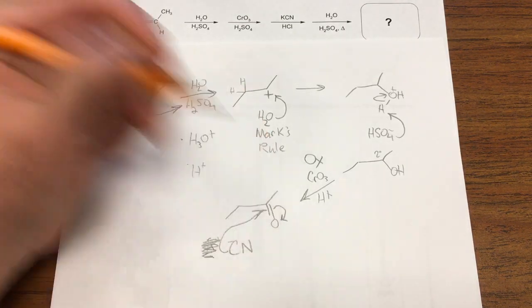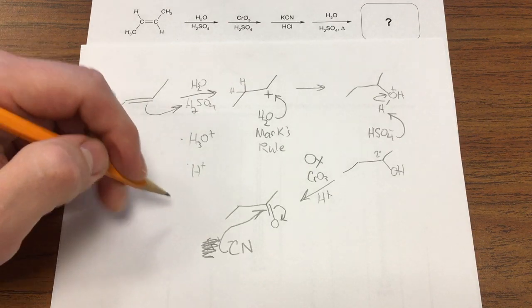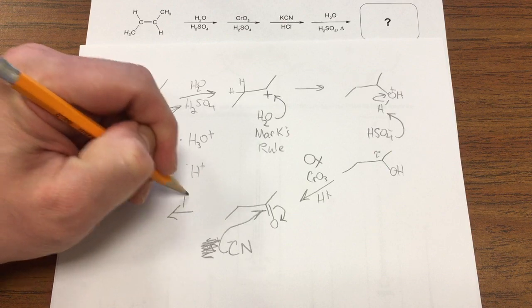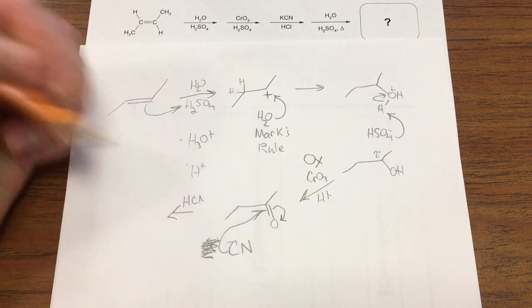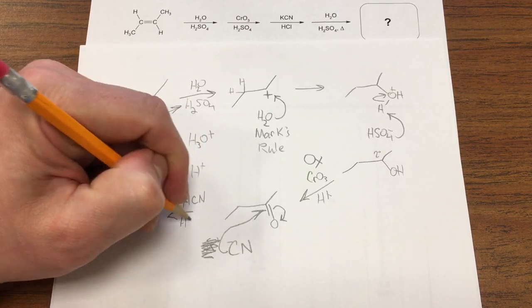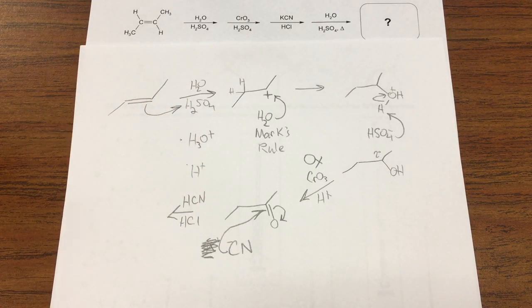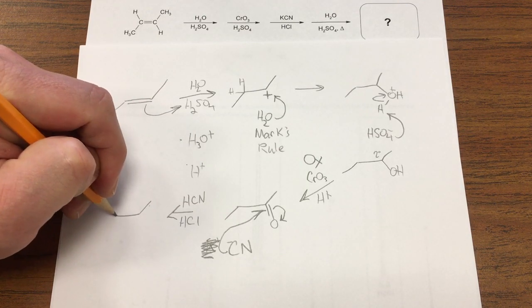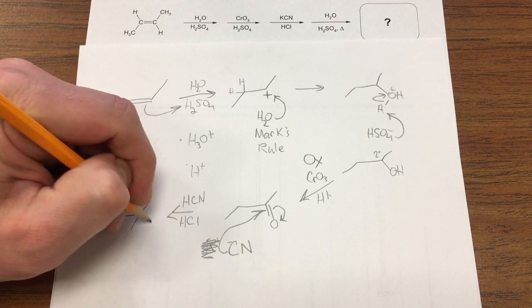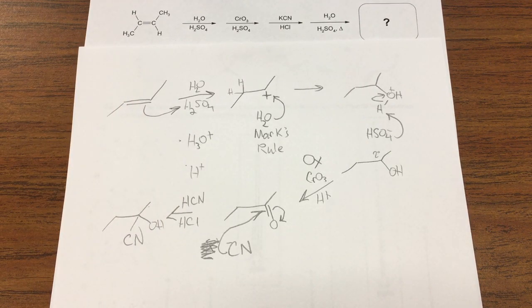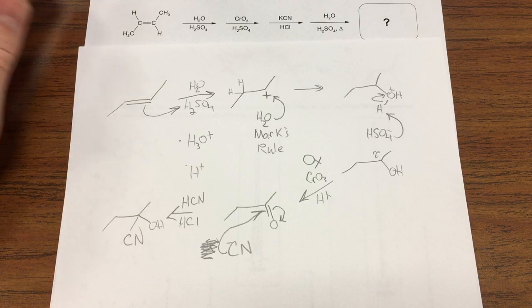Cyanide is going to attack the carbonyl, and we're going to pick up a proton from the acid, any kind of acid that's present, HCN or HCl, whichever one. This is kind of an incomplete mechanism here, not extremely important for understanding the problem. But we get this cyanohydrin right here.